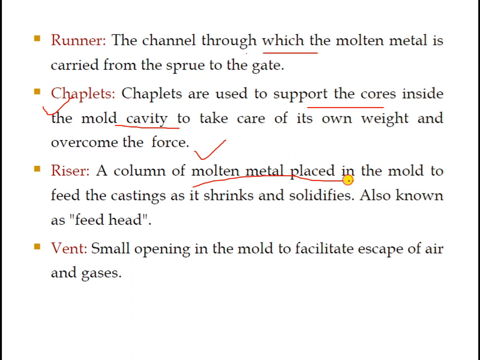Riser, I have already told you, is used to avoid shrinkage, and it is also helpful in the solidification of the casting. Vents are small openings in the mold to facilitate the escape of air and gases. Vents are not shown in the earlier figure.